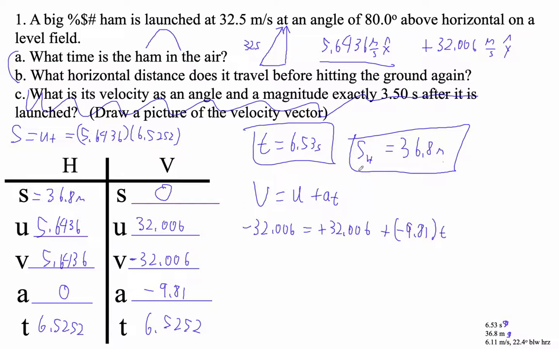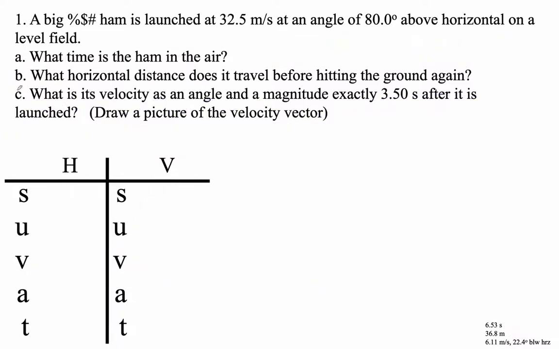All right, so in this video I'll just do this. I'll erase this. All right, so now let's do C, and we won't be doing this, right? So it's exactly 3.5 seconds after it's launched. Now, by the way, 3.5 seconds after it's launched, is it on its way up?